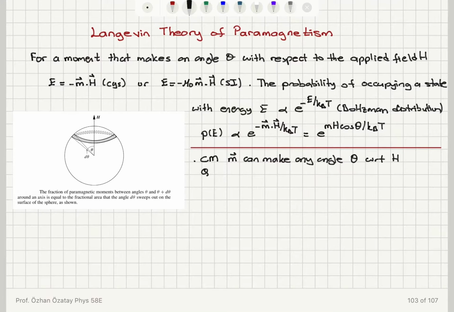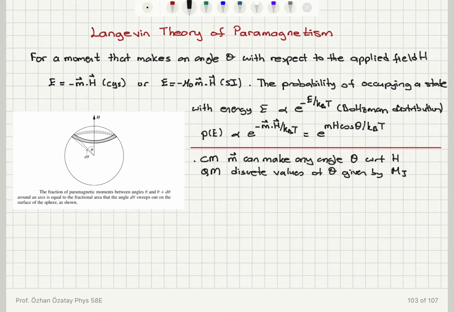In quantum mechanics, we have discrete angles possible, discrete values of theta given by the quantum number capital M sub j.